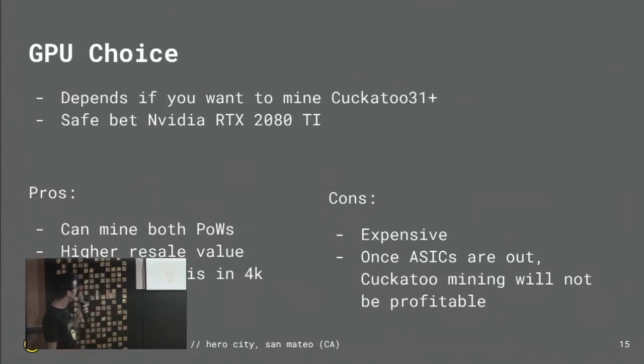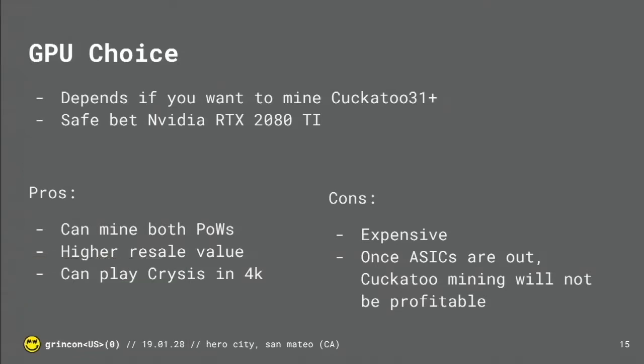Pros and cons: yes, you can mine both proofs of work, maybe higher resale value, can play games in 4K too, 60 FPS. The con is it's expensive, and when ASICs for the primary proof of work are available, you will not be able to mine the primary and make money too. It will not be profitable.